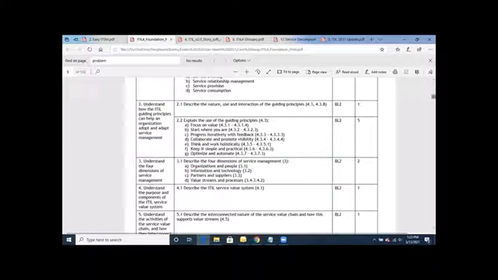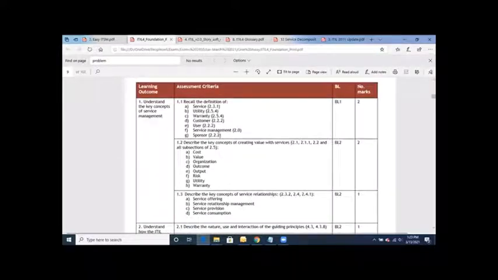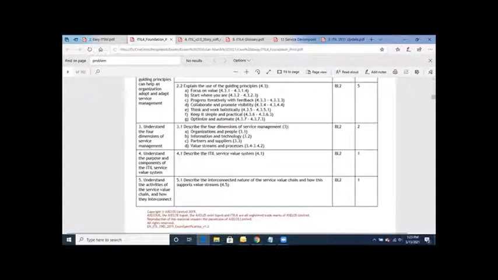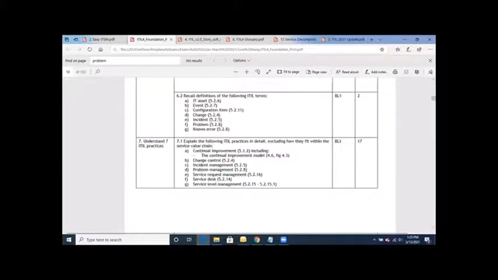Let me tell you where they are. When you look at the syllabus, these slides are with you. So you must remember all these definitions from the glossary. Apart from this, wherever else you see definitions, recall the definitions of these.